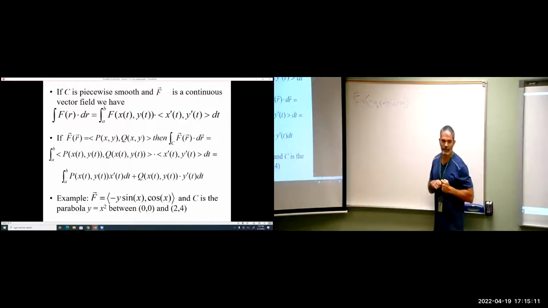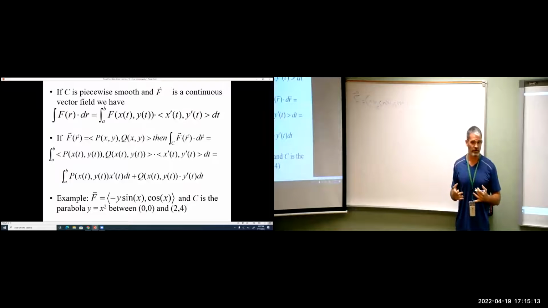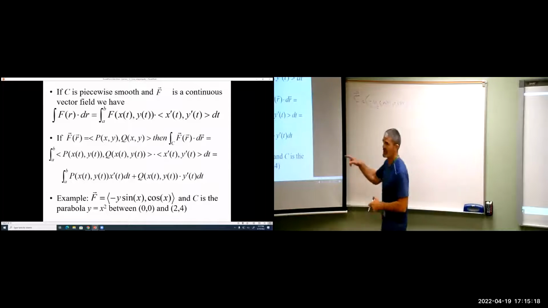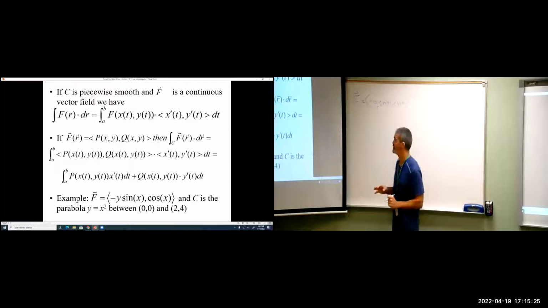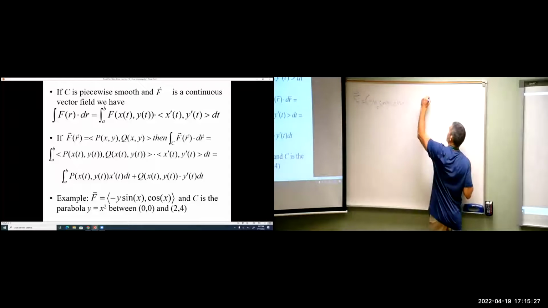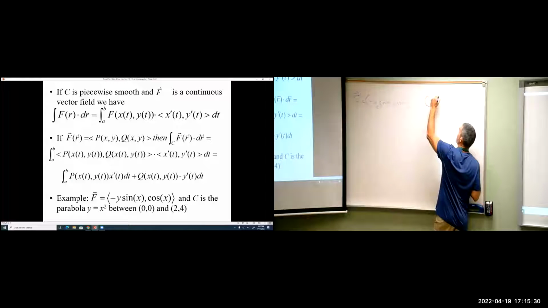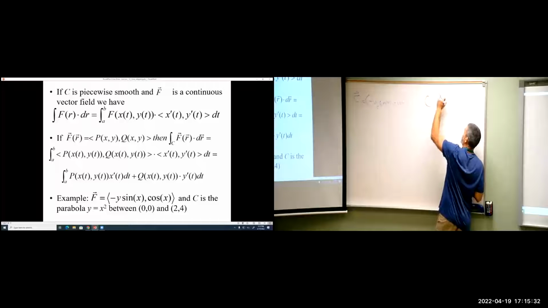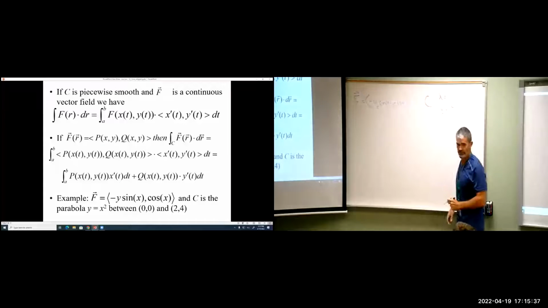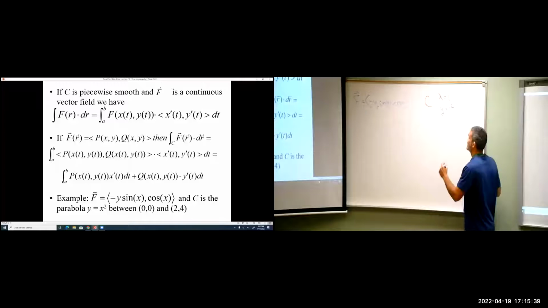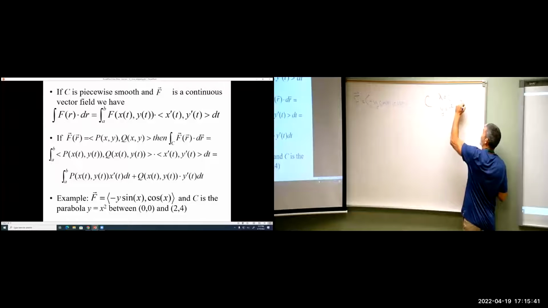So the very first thing I want to do is parameterize that curve. Anytime you're given your curve as y equals a function of x, your parameterization is actually pretty straightforward. What you do is, for C, you let x equal t, and then y is going to equal t squared, and t is going to go from 0 to 2.